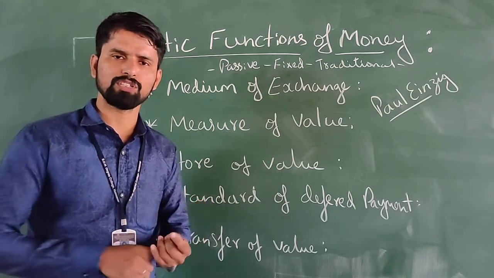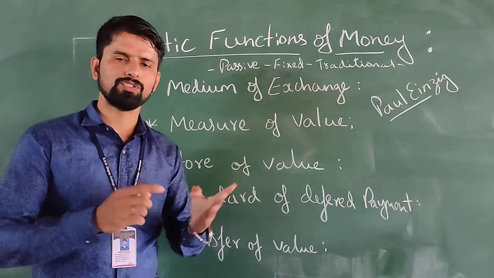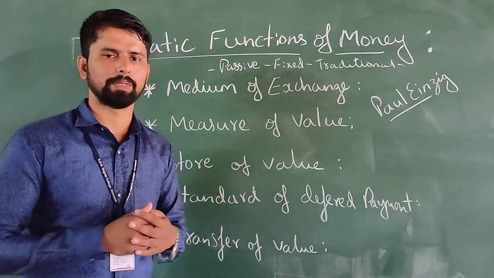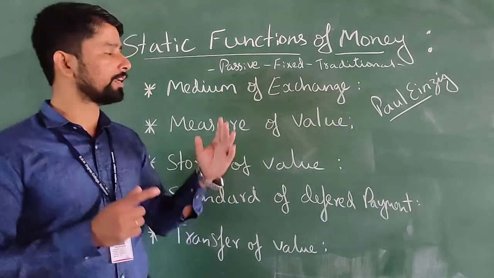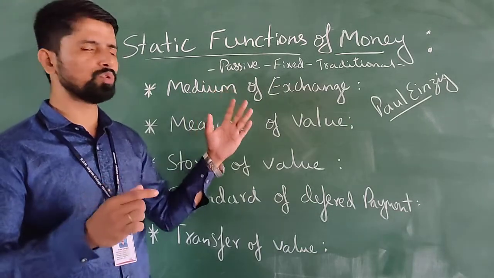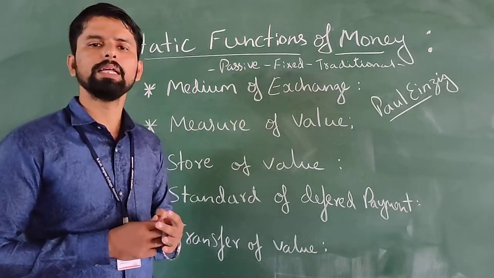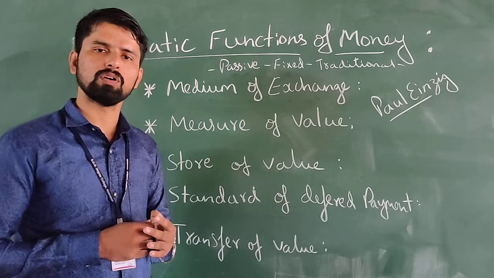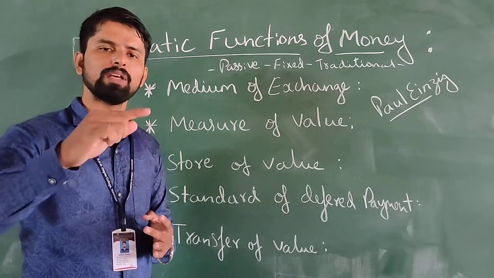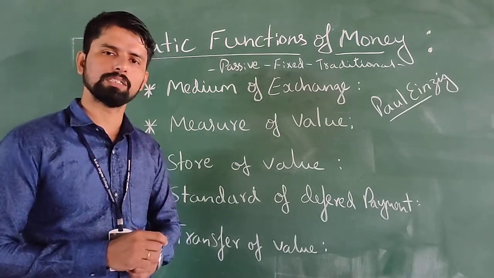The modern standards are generally accepted by all the people. So that's why it is the medium of exchange. It is used by all the people in their transactions of purchasing and selling goods and services.